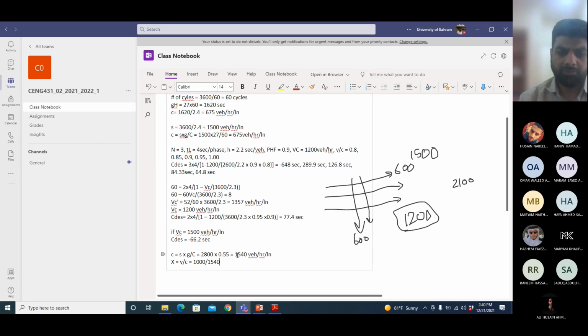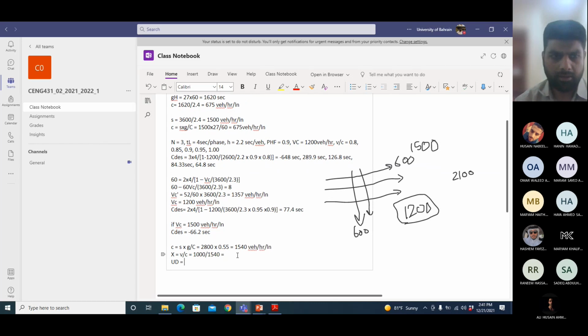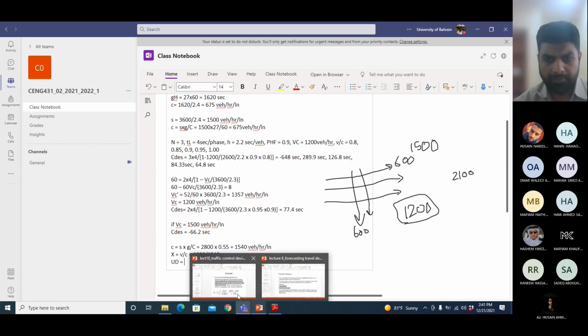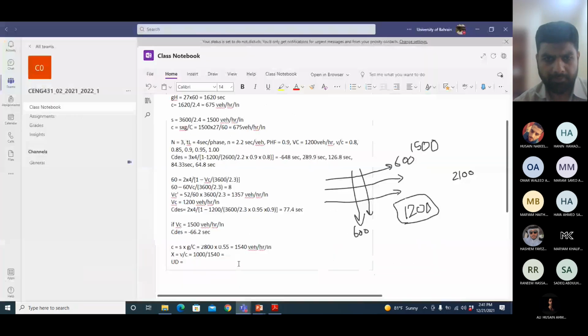Okay, then how much is the V/C ratio? How much is this? 0.65. Okay.